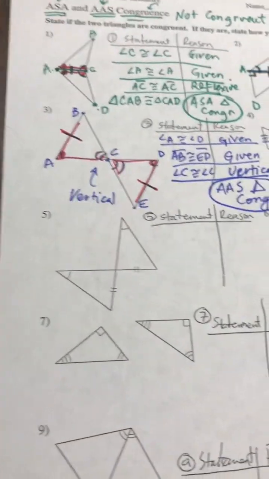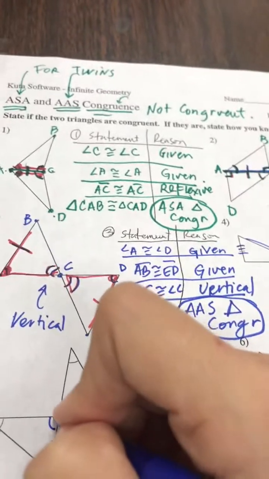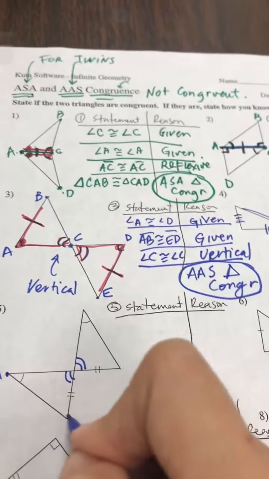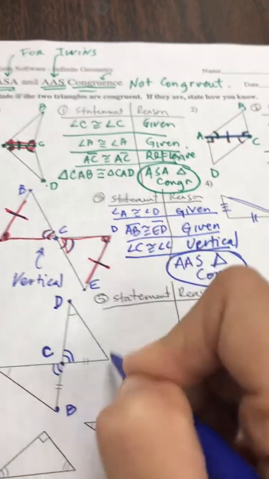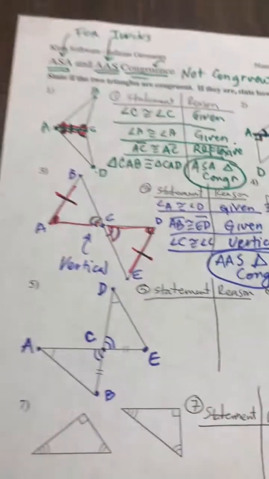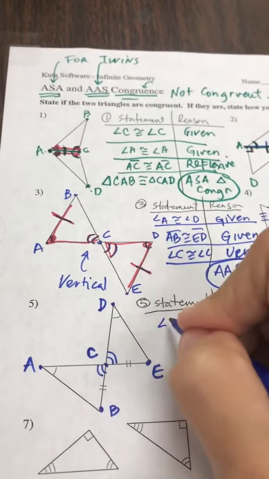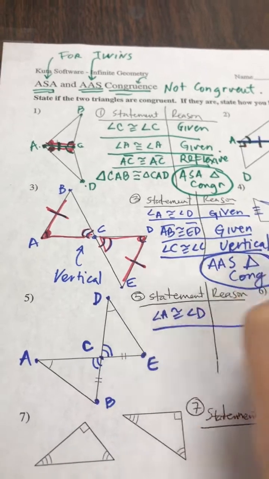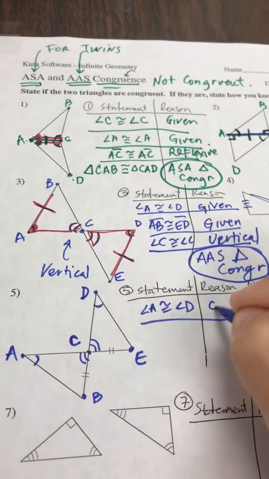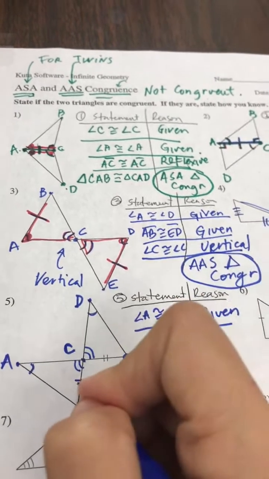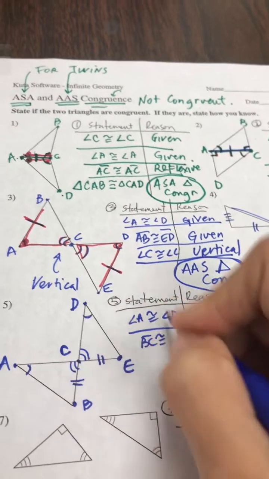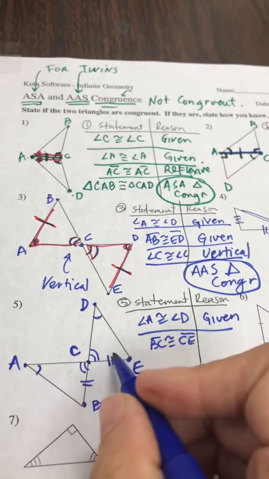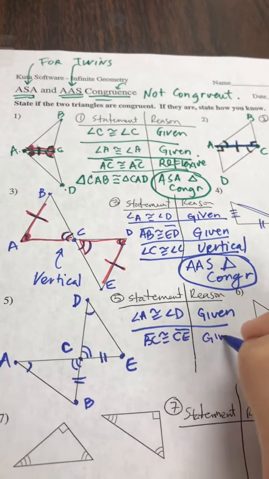Okay, number 5. I'm noticing the vertical, so I'm going to add that and put in my letters: A, B, C, D, E. It looks like they gave us angle A and angle D are matching because they have one necklace, given. Side BC and side CE are matching because they both have 2 marks.